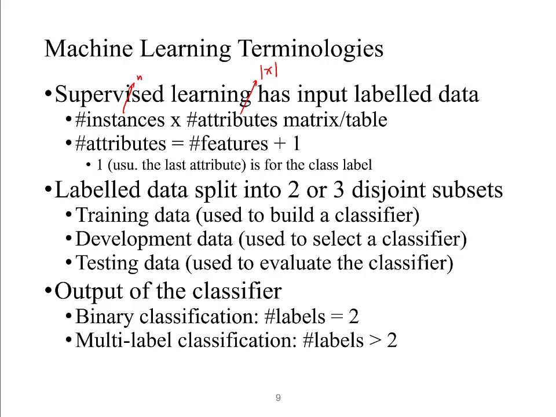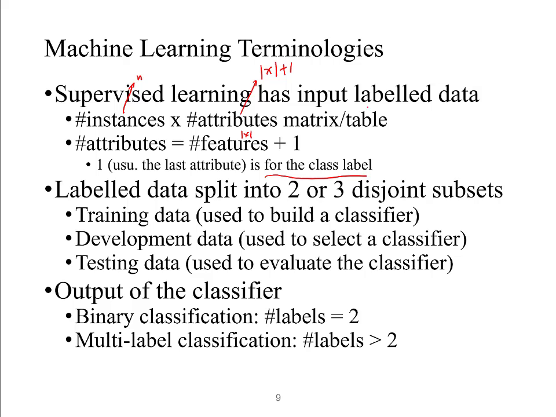So the input labeled data would be a matrix, and the size is n times (the size of x plus 1). The number of attributes is the number of features plus 1, and this 1 is for the class label.